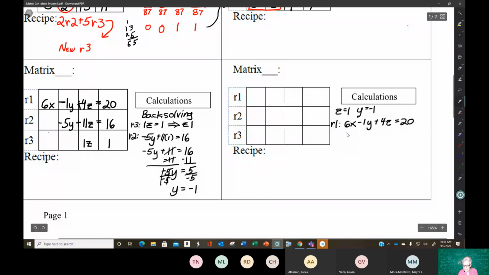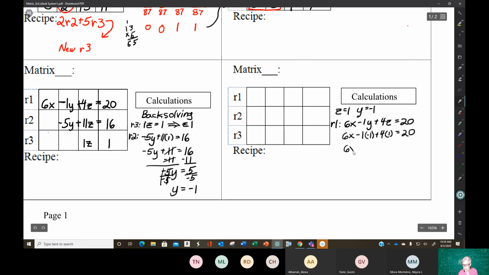Now, 6x minus 1 times negative 1, because y is negative 1, plus 4z, and z is 1, plus 4 times 1 equals 20.